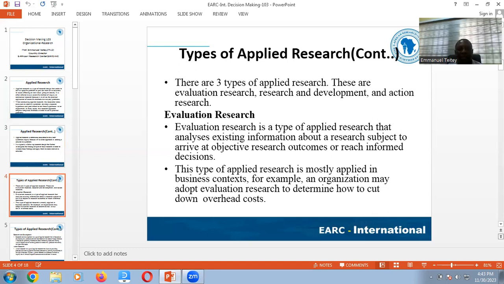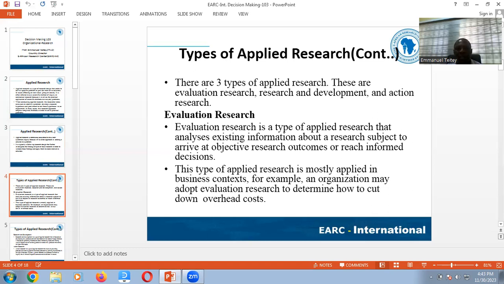Evaluation research is a type of research that analyzes existing information about a research subject to arrive at objective research outcomes or reach informed decisions.